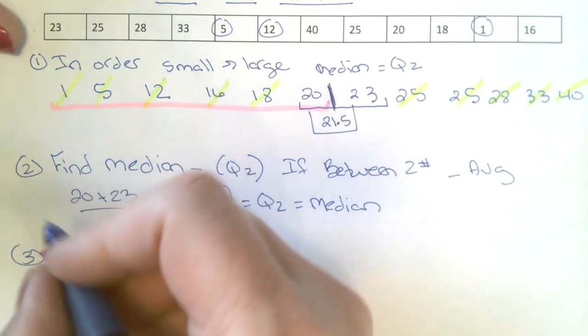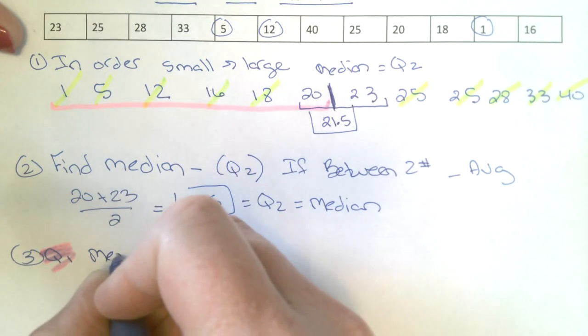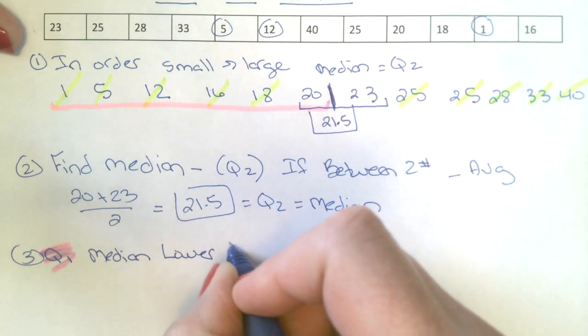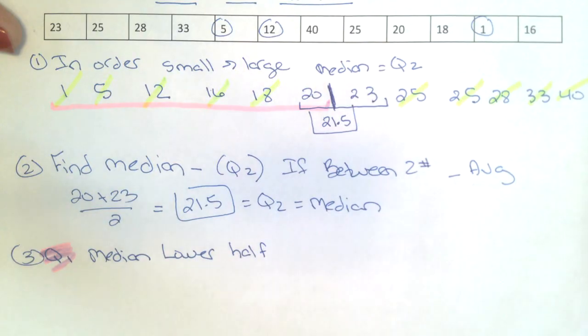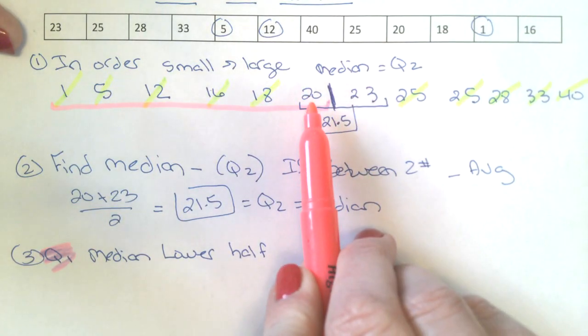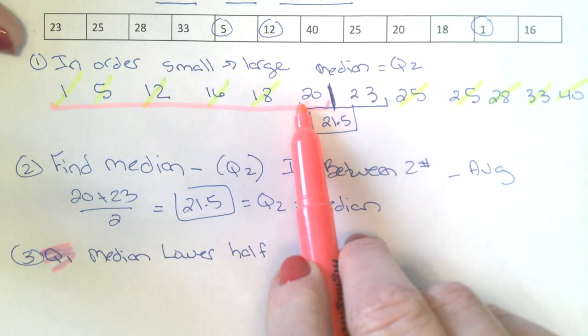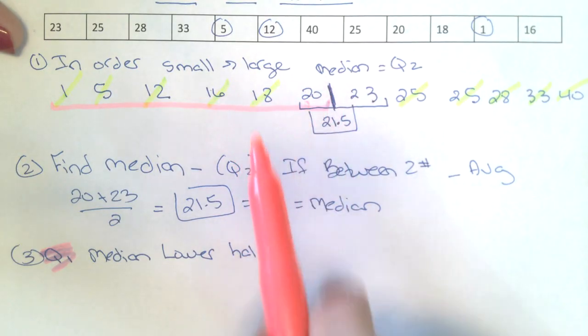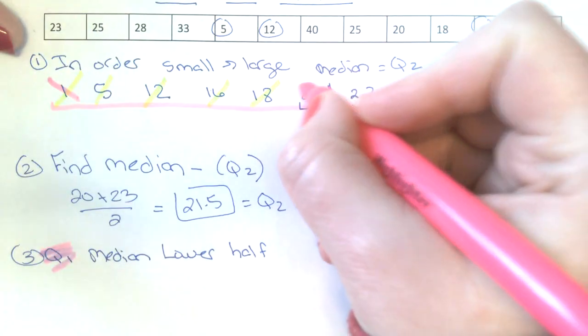So Q1 is simply the median of the lower half. And so now we're going to play the cross-off game again. Since my median ended up being between two numbers, 20 is definitely in this lower half. So I'm going to include that when I cross it off.